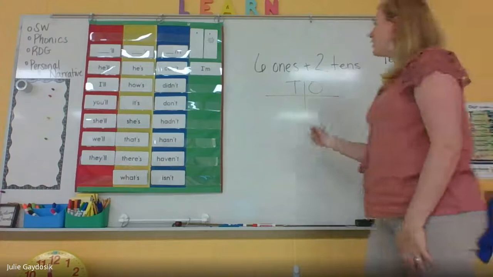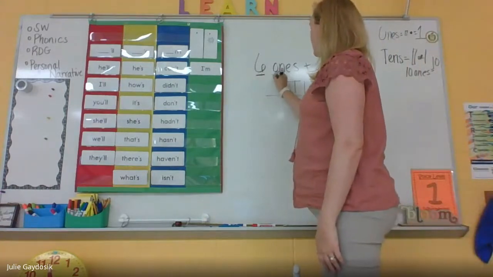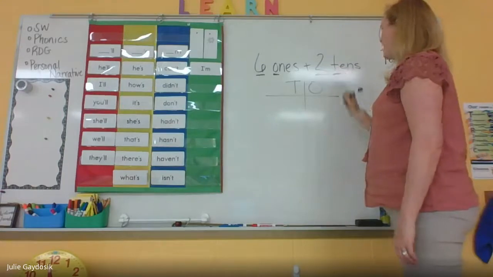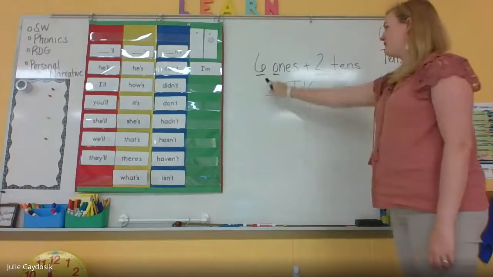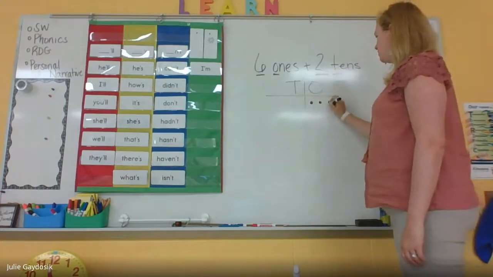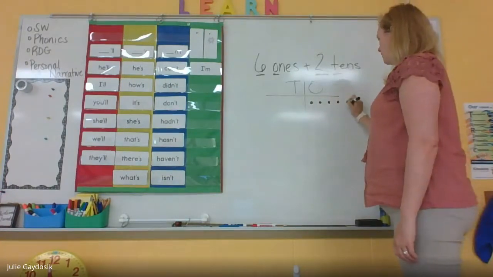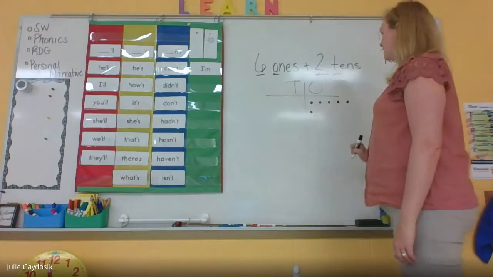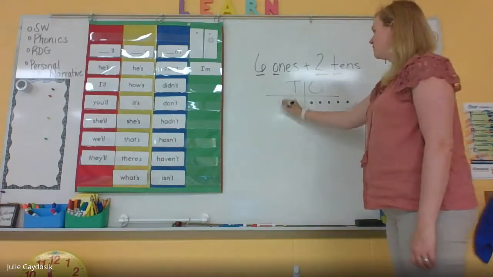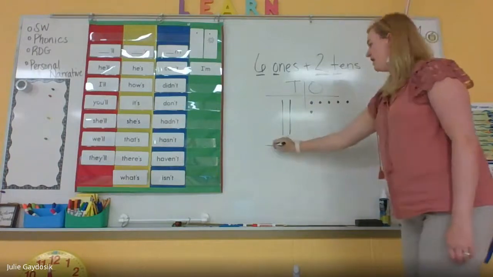They put 6 ones and then they put 2 tens. So be careful. This says 6 ones, so you would draw 1, 2, 3, 4, 5, 6. And then this is 2 tens, so I'm going to draw 2 tens.